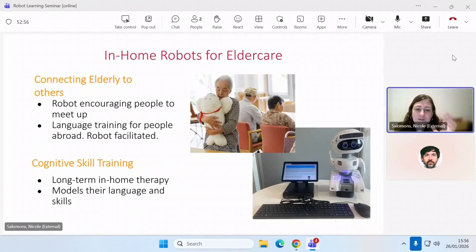And we're interested in seeing whether this social robot can understand the user, model behaviors, chat with them on a daily basis, and improve their cognitive skills. So this therapy is very effective when conducted by humans, but we don't nearly have any number close enough of trained professionals to deliver this therapy. So we're interested in seeing whether we can build this in-home robotic system to provide therapy on a daily basis.